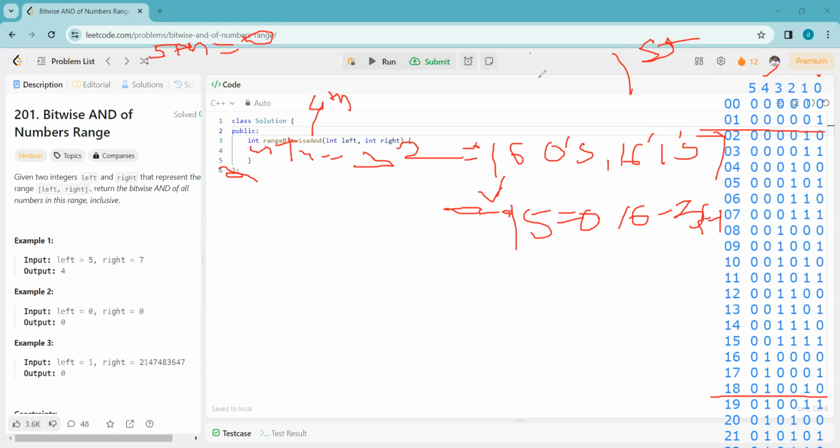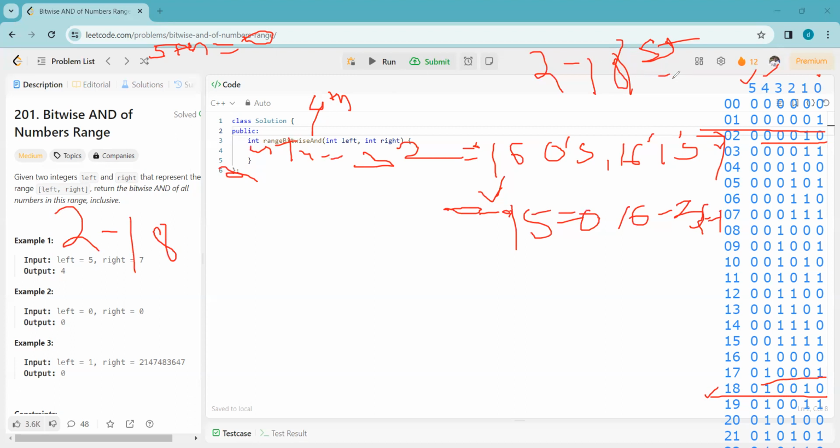Since we have completed the operation for the fifth bit, we will do one right shift. After doing one right shift for 2 and 18, we will still obtain 2 and 18. So the range is still 2 to 18.